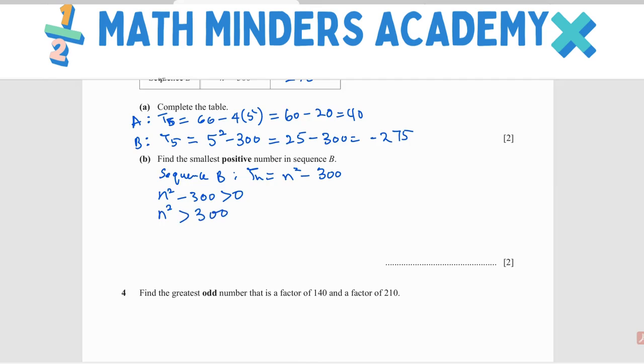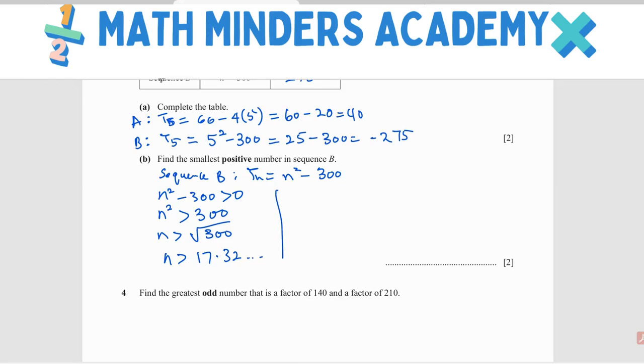So here, n will be greater than root 300. Okay, we will take the positive here because we are talking about a sequence, they're actually positive whole numbers. And if you look at square root of 300, that is going to give us 17.32. Okay, and some other numbers.